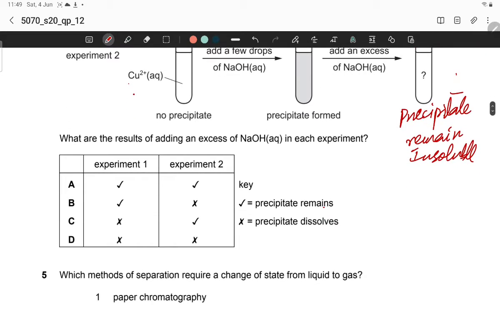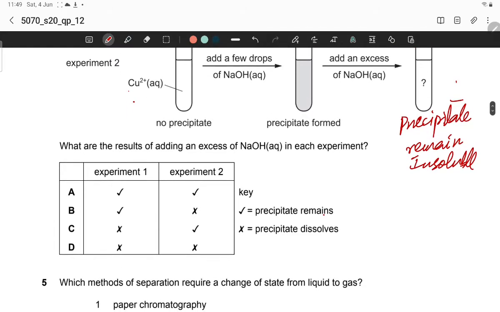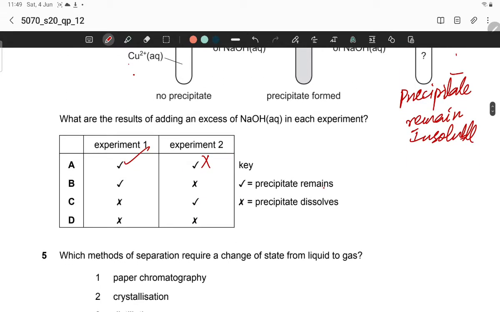What are the results of adding an excess of sodium hydroxide in each experiment? Experiment 1, precipitate dissolves and experiment 2, precipitate does not dissolve.